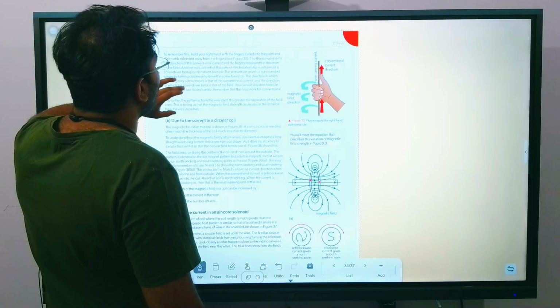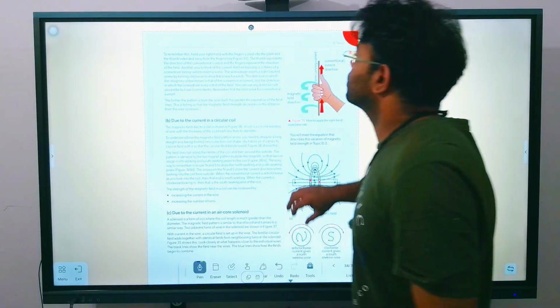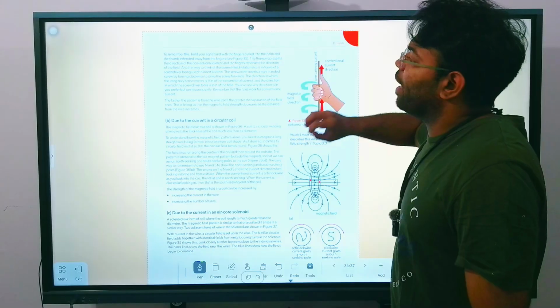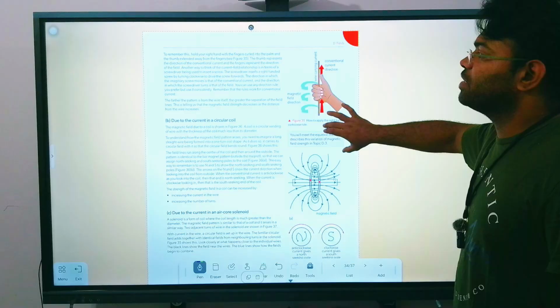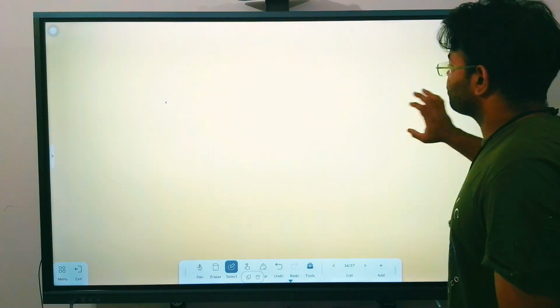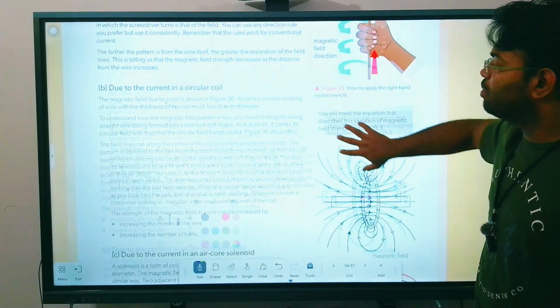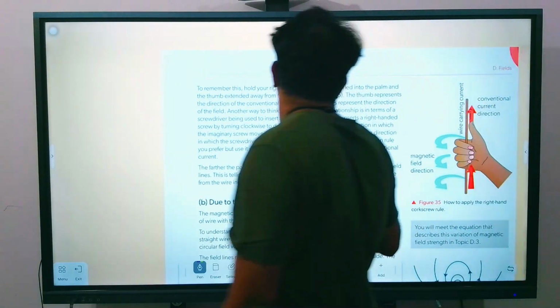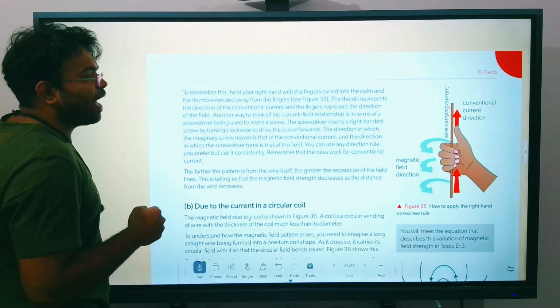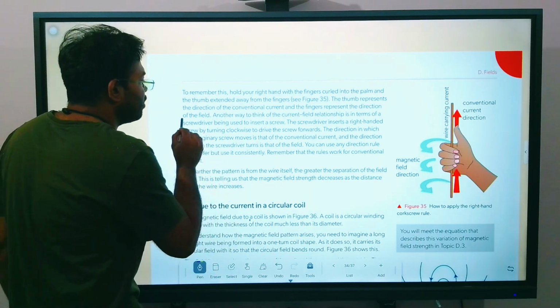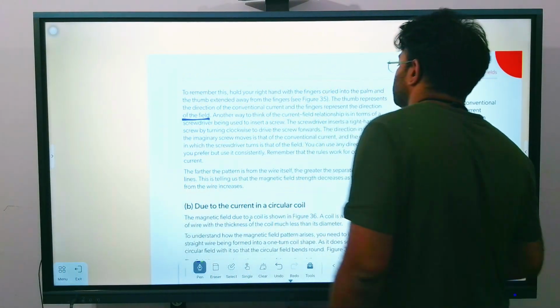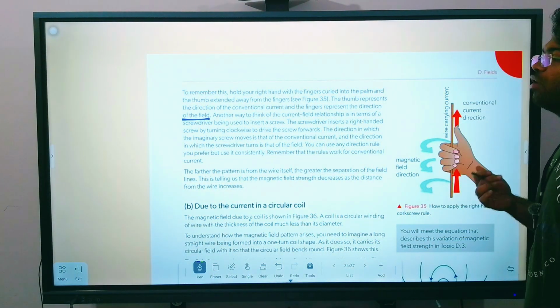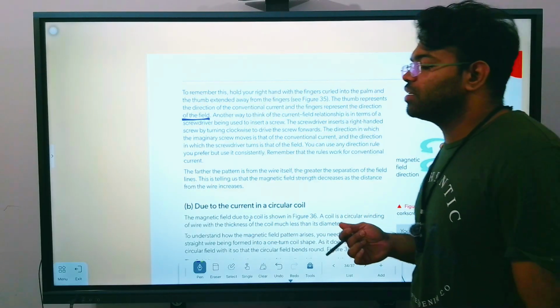To remember this, hold your right hand with fingers curled into the palm and the thumb extended away from the fingers. The thumb represents the direction of the conventional current, and the fingers represent the direction of the field. Another way to think of the current field relationship is in terms of a screwdriver being used to insert a screw.